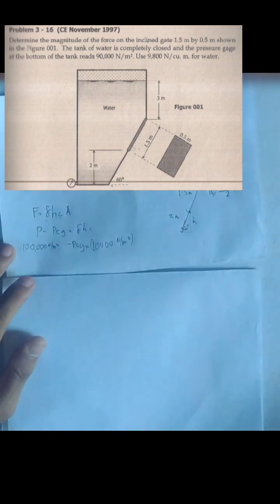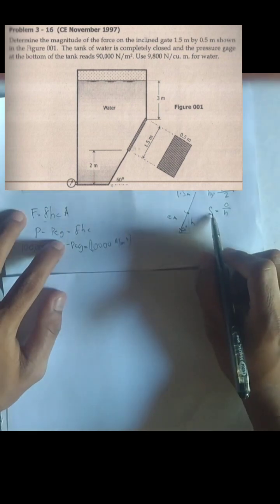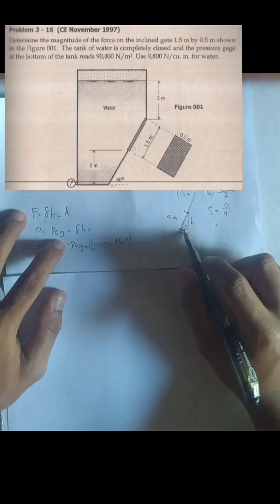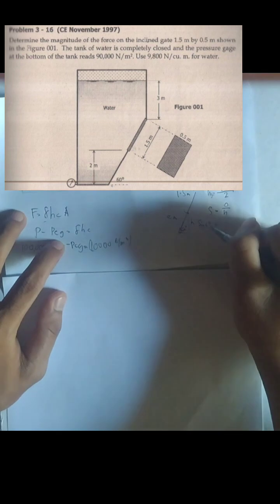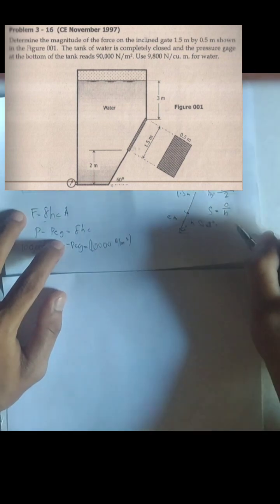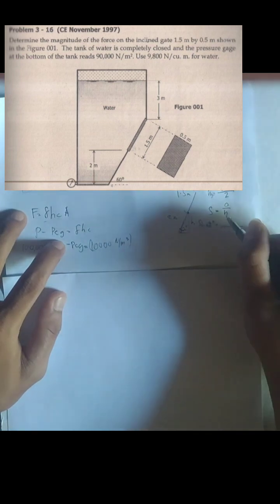Now this is a right triangle. There are a lot of ways to solve this, like SOH CAH TOA. Here we will use sine equals opposite over the hypotenuse. Sine theta is sine 60 degrees, equal to the opposite over the hypotenuse.